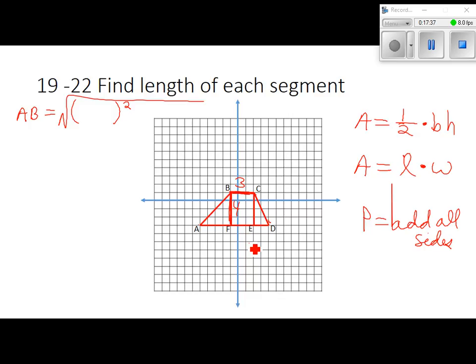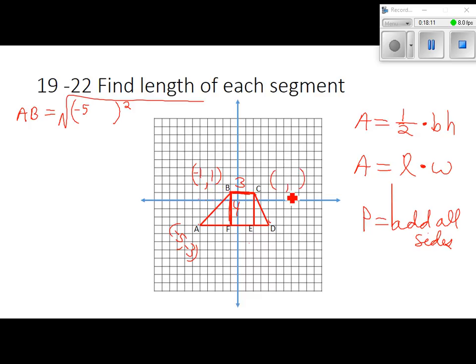For segment AB, point A is, we go out 1, 2, 3, 4, 5, so to the left 5, so that's a -5. Let's go ahead and write this down. -5, and then down 3, so -3, that's A. B, the coordinates are left 1, so -1, up 1.